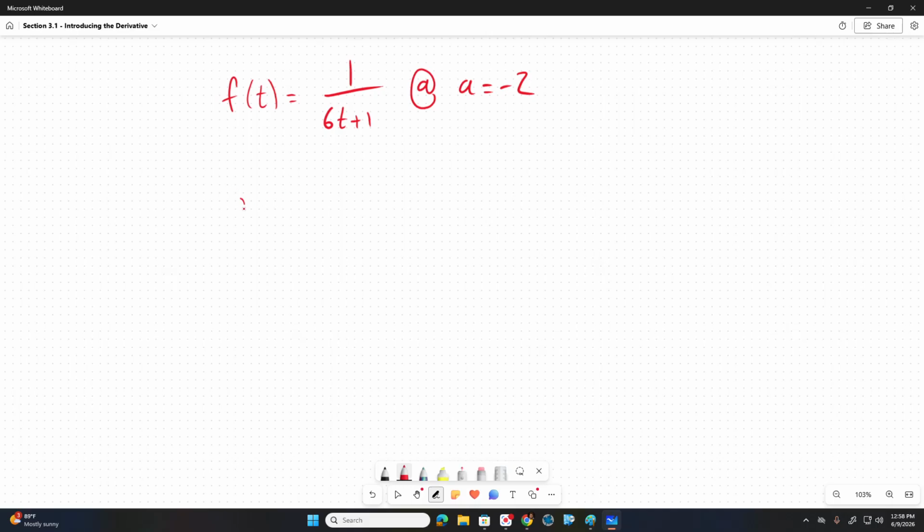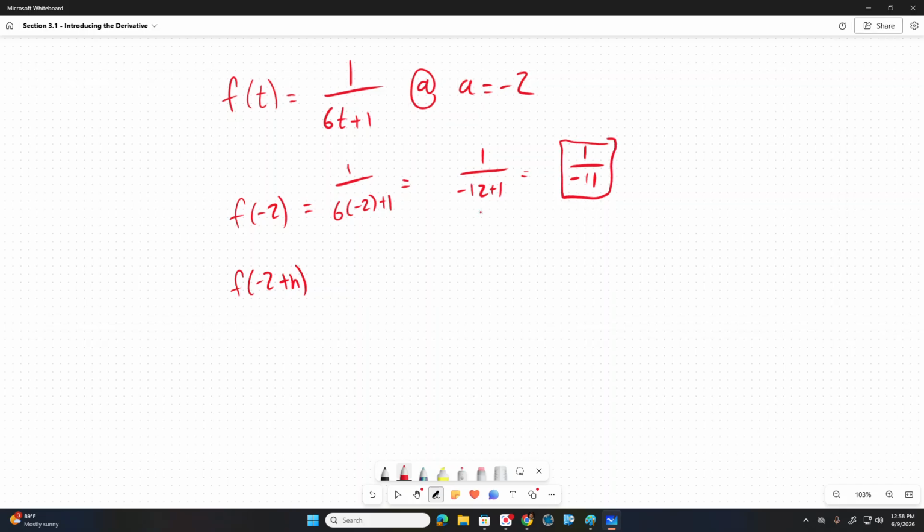So as a reminder, we want to calculate f of negative 2 as well as f of negative 2 plus h. So this is going to be 1 over 6 times negative 2 plus 1, which is going to be 1 over negative 12 plus 1, which I think is 1 over negative 11. There's my f of a.